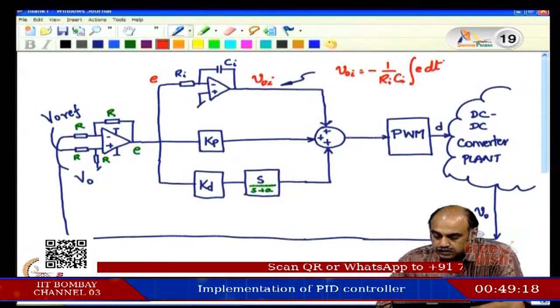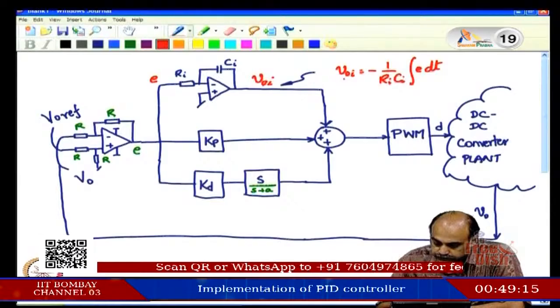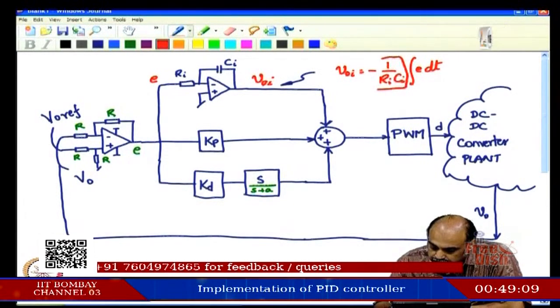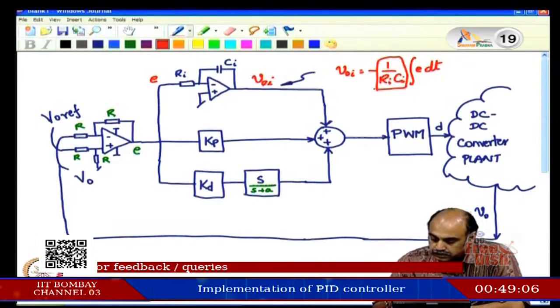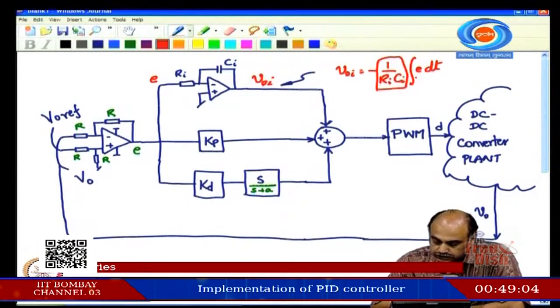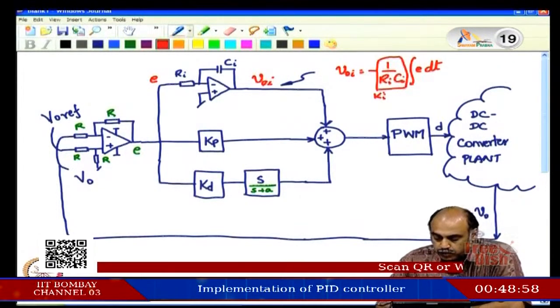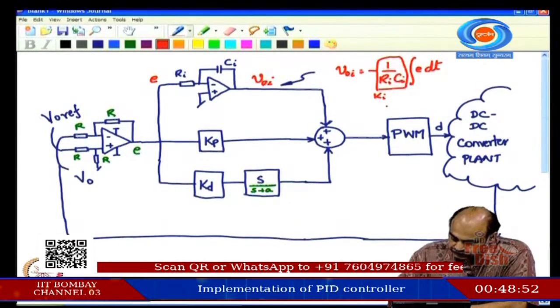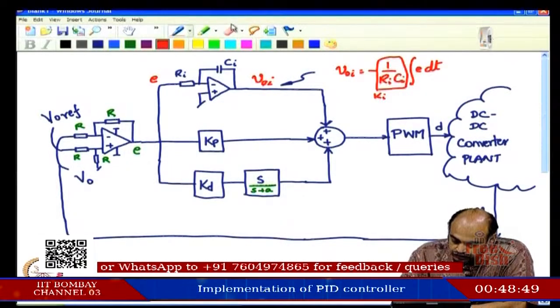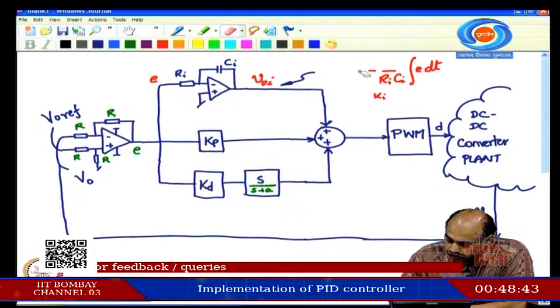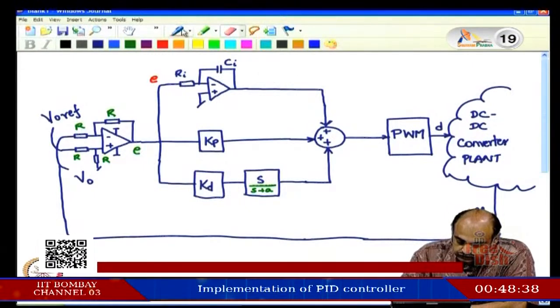This is the equation of the integrator output. So, this essentially is the gain K I and the integration of E. So, this would be your K I. So, properly choose the R I C I product to achieve the desired gain scaling. So, let me again wipe out this portion so that we do not clutter the board, and look at the next portion.